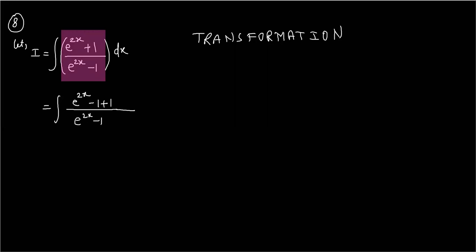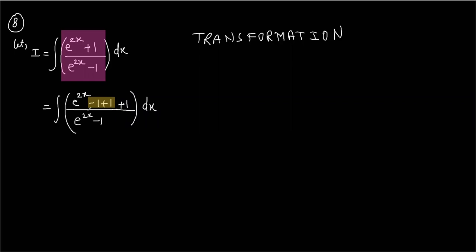This part is extra, which I brought in, so then plus 1 was there, so now I write plus 1 and dx.